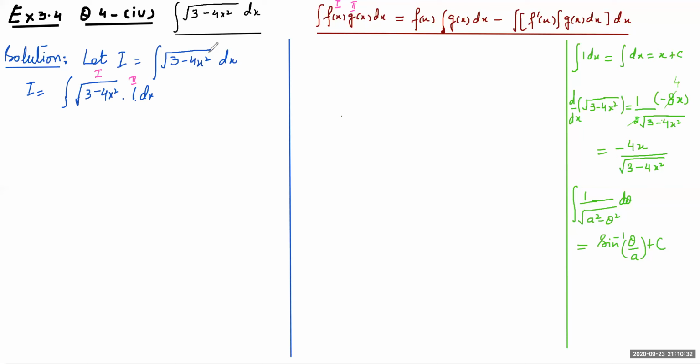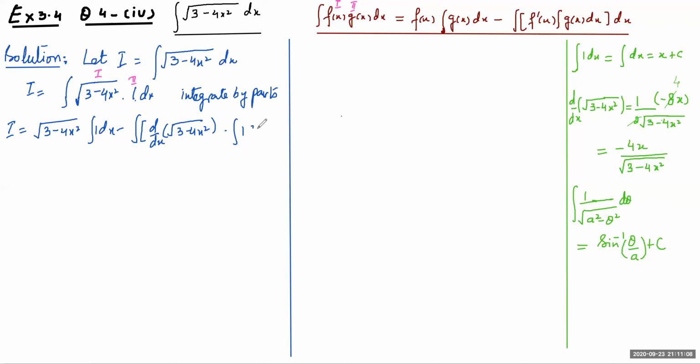Now perform integration by parts. So let's see what I will get. Integral I is equal to first function constant, integral of second, minus integral, bracket starts, derivative of first function, square root of 3 minus 4x square, into the same integral, bracket close and dx.